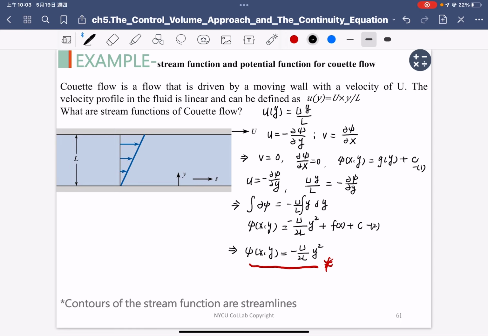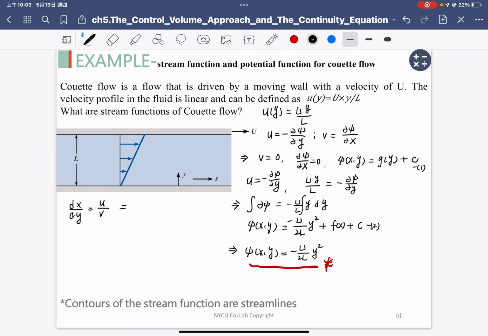Another way, we know that dx over u equals dy over v.